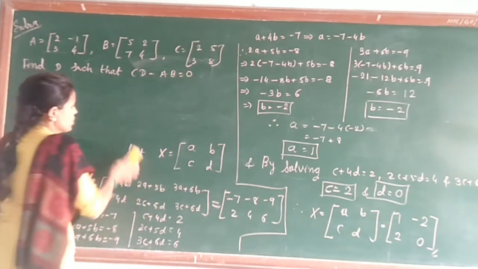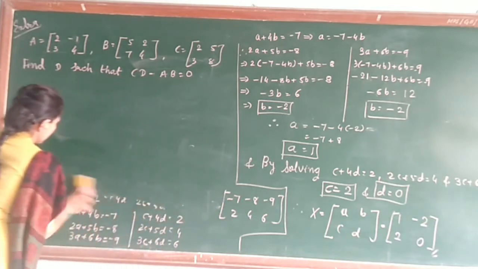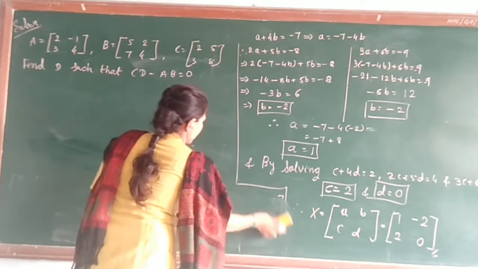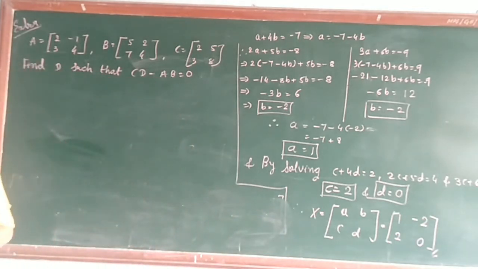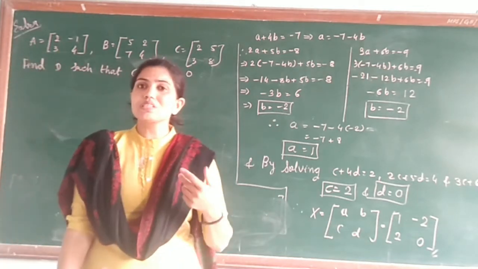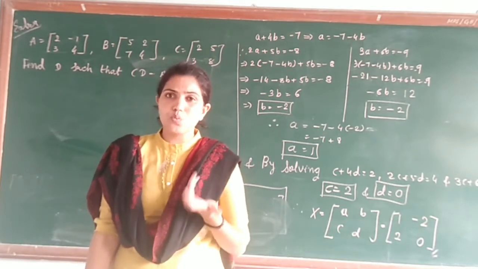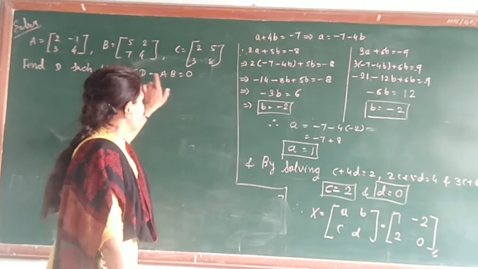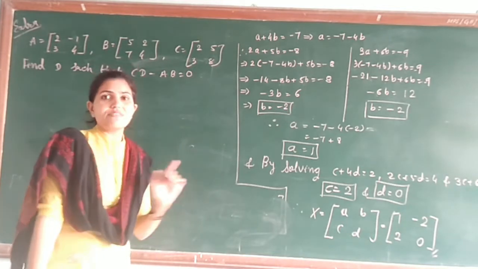In this question, what we have to do first? First we have to decide the order of the matrix D. Now here you can see A, B and C, all three matrices are of the same order, that is 2 by 2 square matrices. So obviously D is a square matrix, then only CD minus AB is defined.